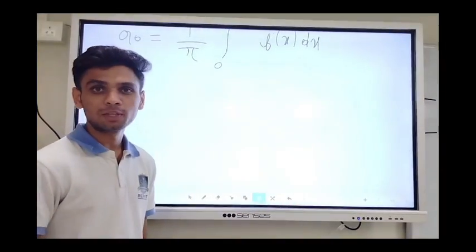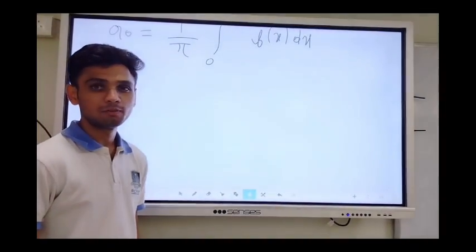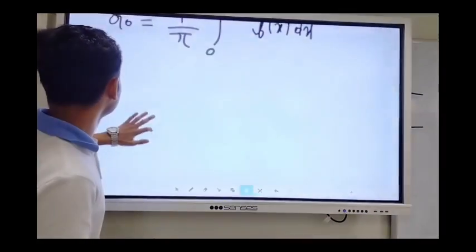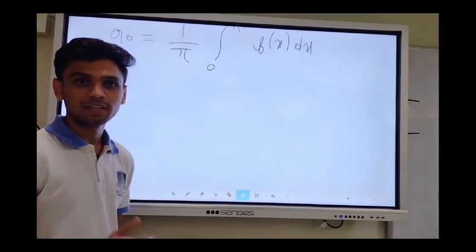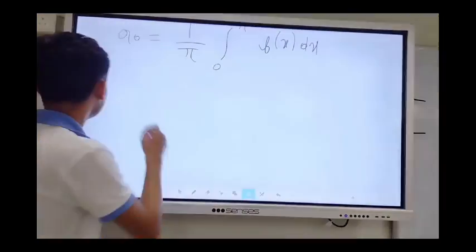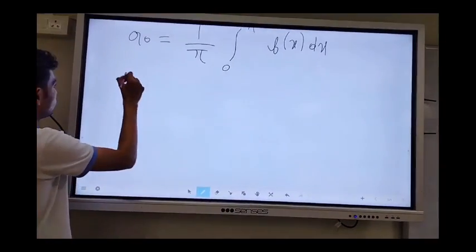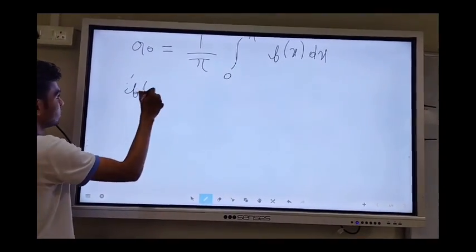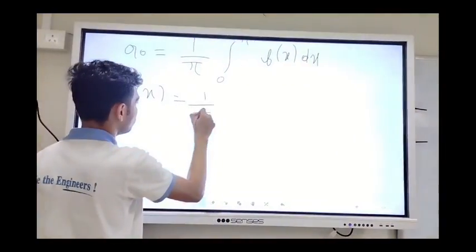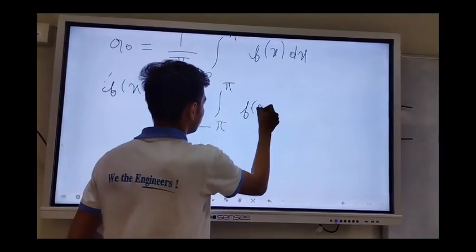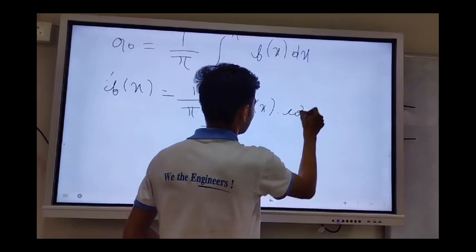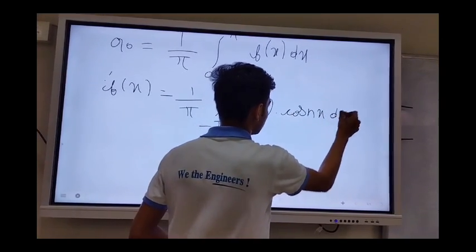So after giving the complex form of Fourier series and its even function, let's go into solving. After a naught, how do we determine whether cos nx and sin nx are even functions or not? For cos nx, a n is equal to 1 upon pi integration minus pi to pi f of x into cos nx dx.